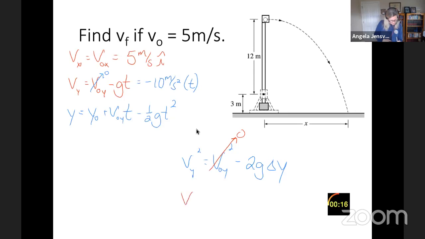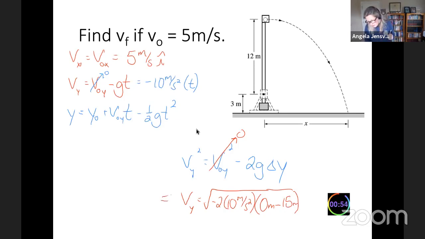So Vy, when it hits the ground, is going to be the square root of negative 2 times 10 meters per second squared times delta y. What did we say delta y is? Y final, 0 meters, minus y initial, 15 meters. Okay, and then you get Vy is, I solved it earlier so I can tell you, negative 17.3.